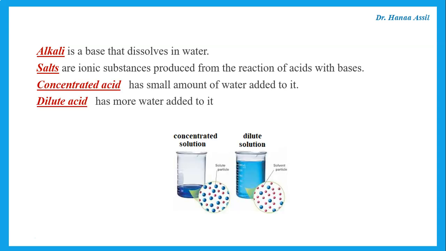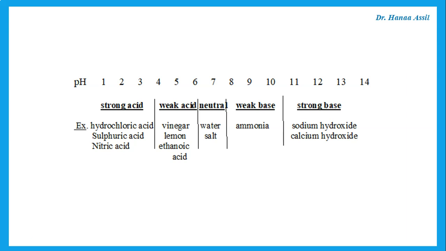Now, an acid or a base may either be concentrated, and that means we have only a small amount of water added to it, or dilute, and that means it has a lot of water added to it. Remember, to determine if something is an acid or a base, we use universal indicator paper, and we use a number called the pH.